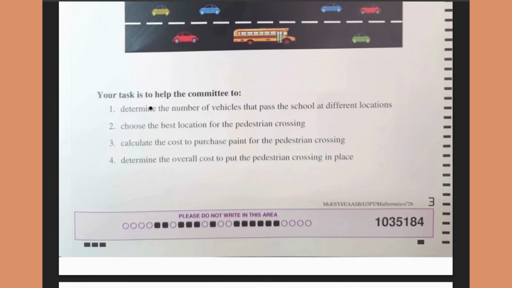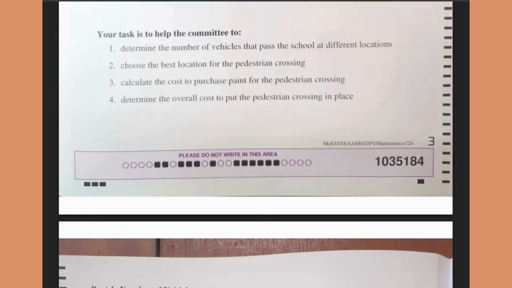Your task is to help the committee to determine the number of vehicles that pass the school at different locations, choose the best location for the pedestrian crossing, calculate the cost to purchase paint for the pedestrian crossing, and determine the overall cost to put the pedestrian crossing in place.